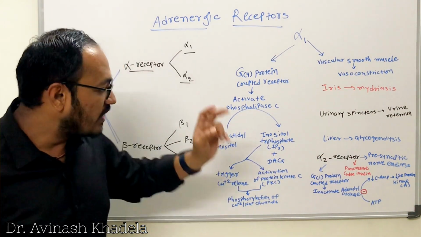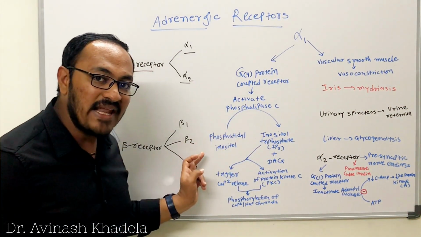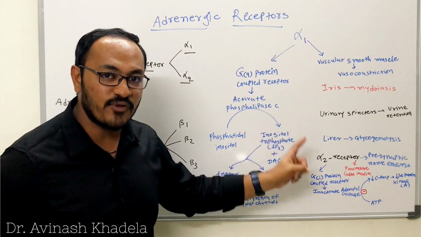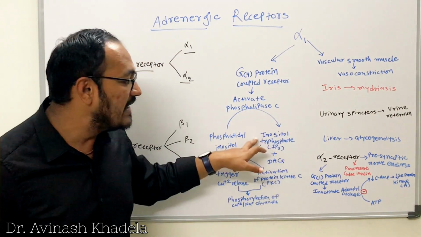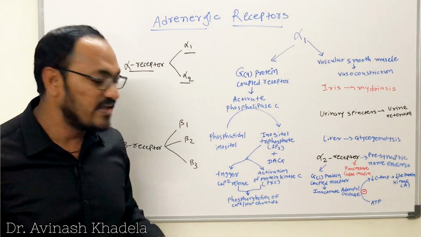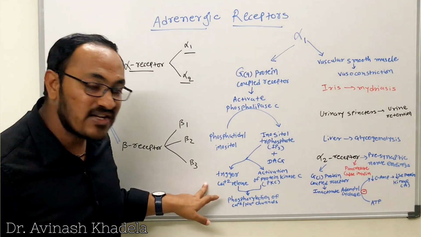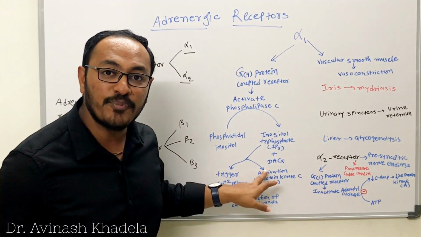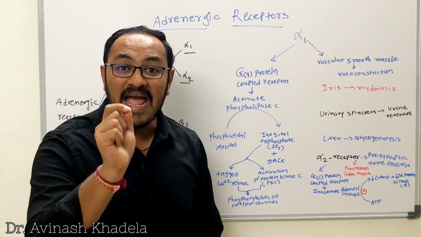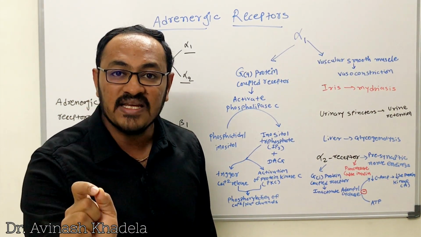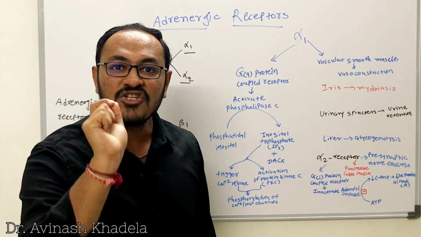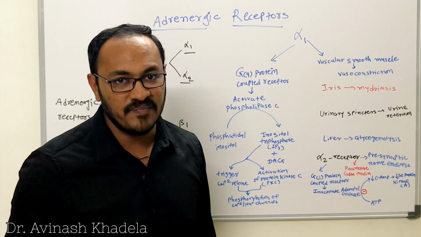The conversion of phosphatidyl inositol to inositol triphosphate, IP3, will lead to two changes: triggering the release of calcium as well as activation of protein kinase C. This activation of protein kinase C will lead to phosphorylation of calcium as well as sodium channels.